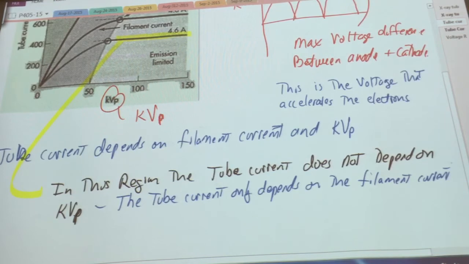To make a practical example, if you're at 100 kVp and you want more tube current, cranking it up to 200 kVp is not going to get you there. Tube current becomes independent of the accelerating voltage.